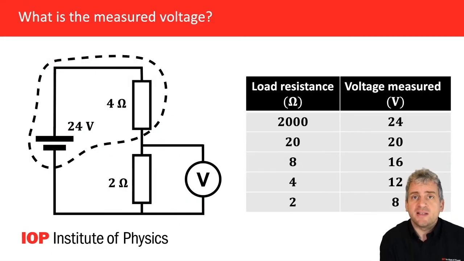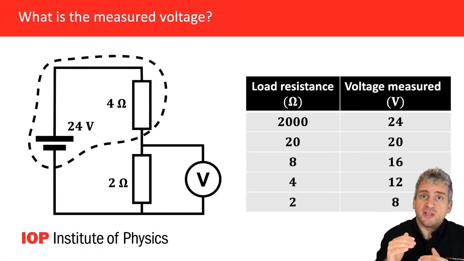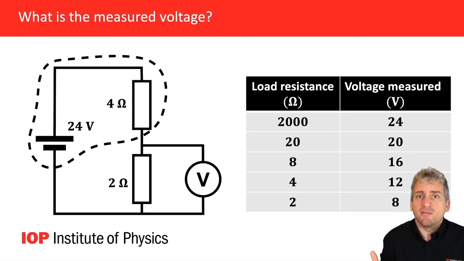You can now clearly see that the load resistance has a big effect on what the measured potential difference will be. If you have a very high load resistance, so in our case 2000 ohms, it doesn't really matter what the internal resistance is, we're still going to get the full PD out.